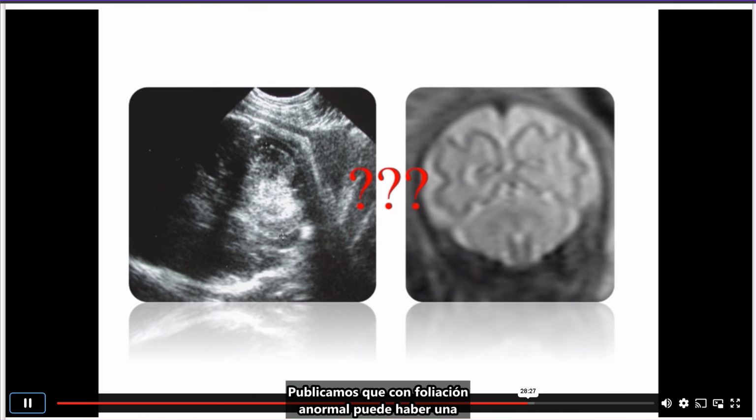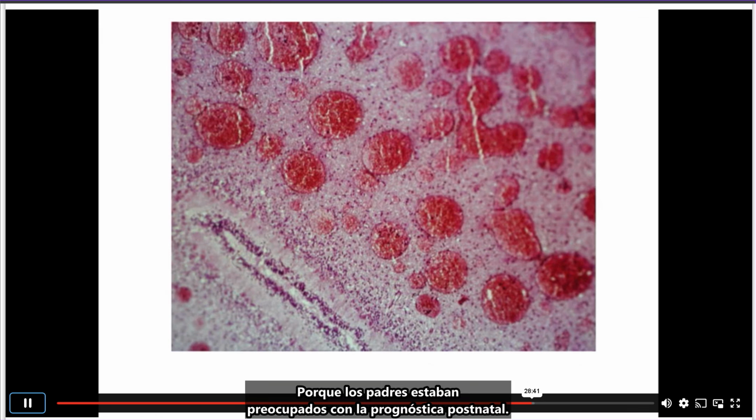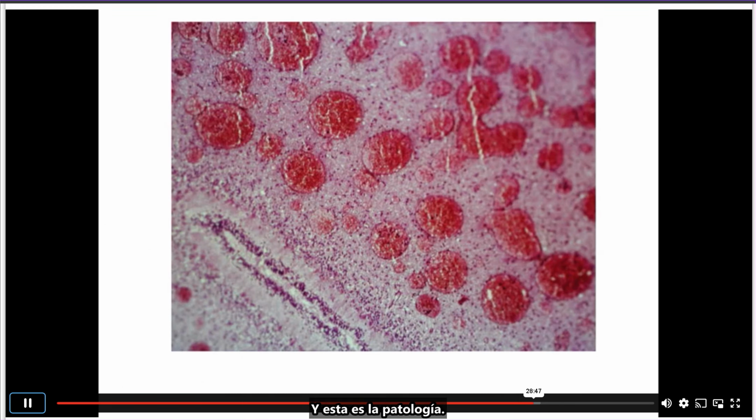We published that with abnormal foliation, you may have increased echogenicity on some part of the hemisphere, but here it's on all planes. It's like this, and there was termination of pregnancy because the parents were concerned regarding the postnatal prognosis. And this is the pathology. It's a normal cerebellum with very large capillaries.